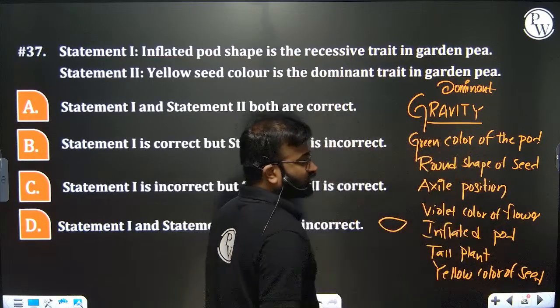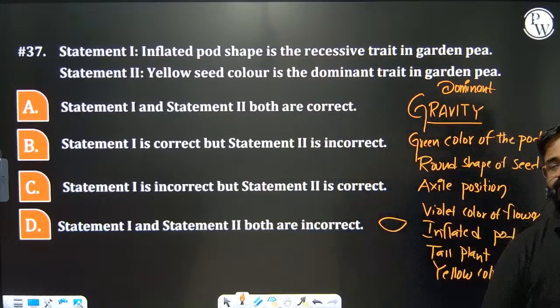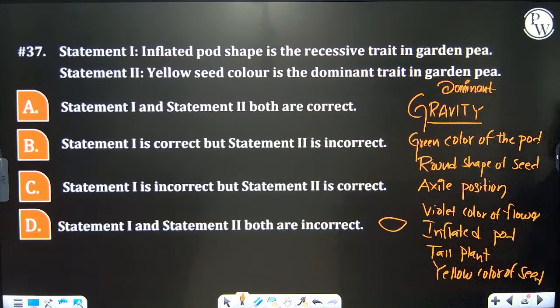So these are the dominant ones. So this is how you can remember those. So inflated pod shape is recessive, which is false.